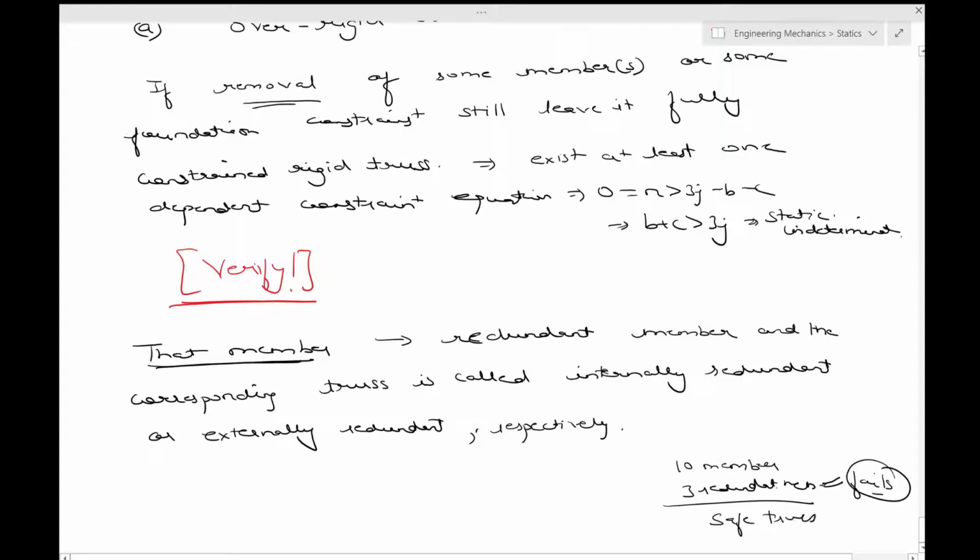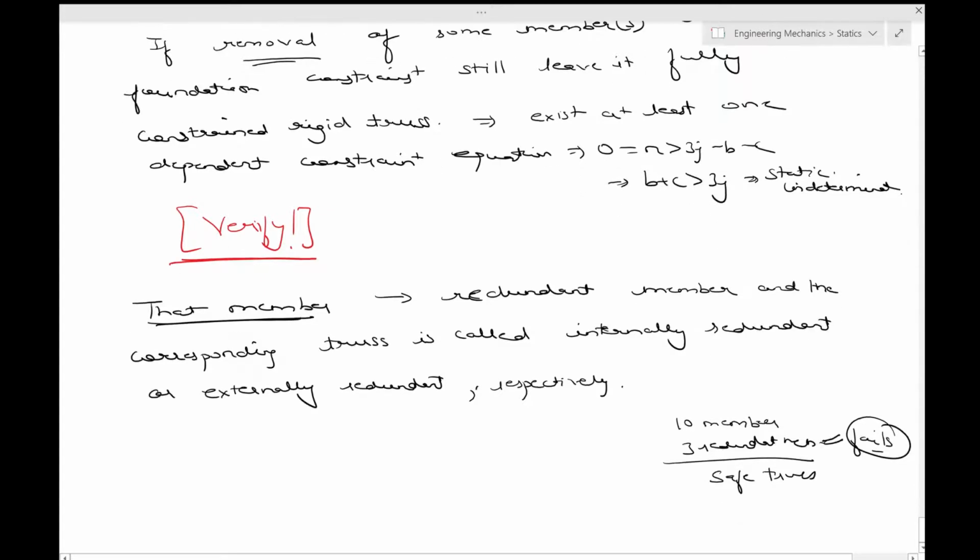So that's why these redundant members are used, because in a practical situation any member can fail due to one reason or the other, and hence these redundant members help you minimize the risk of the overall failure of the truss, because if these redundant members fail, it's okay, they were anyways not contributing statically to the truss.